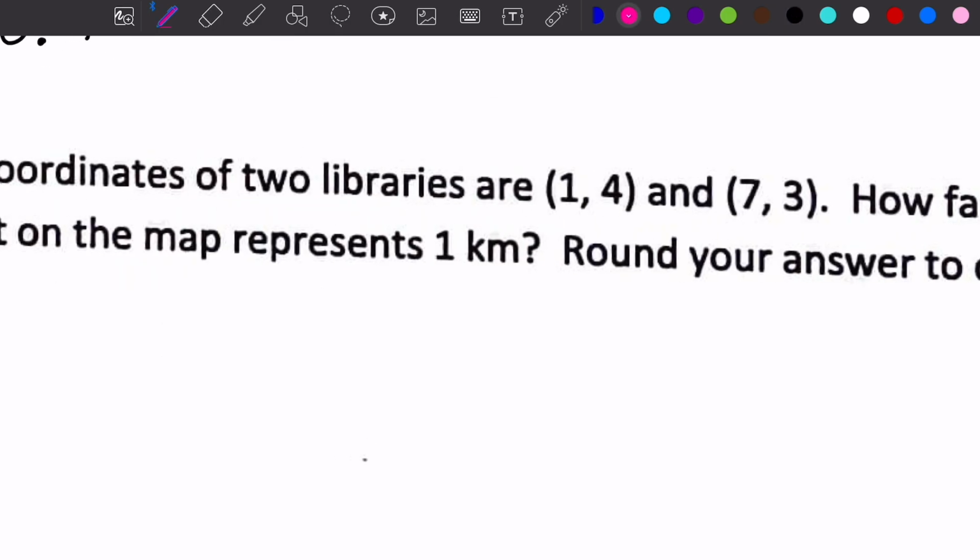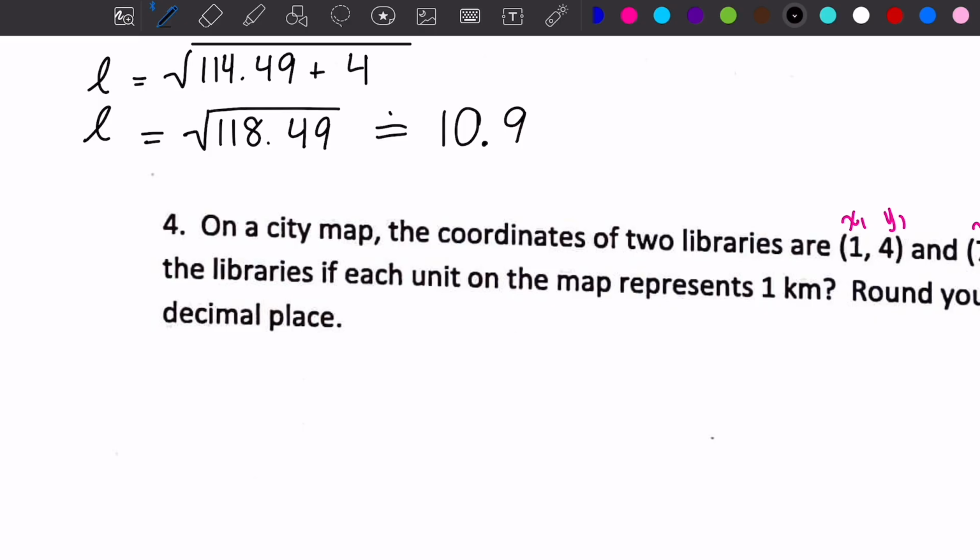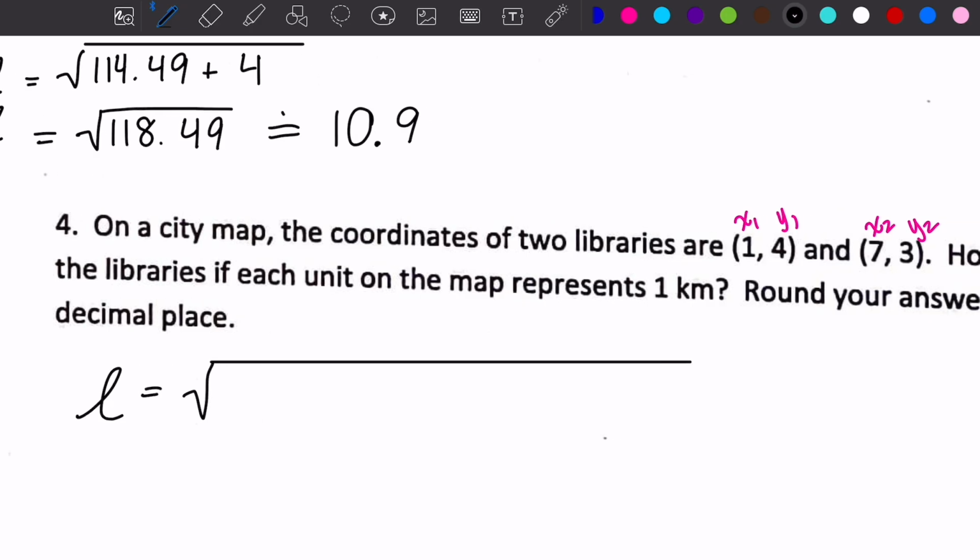If this one is x1 and y1, and this one's x2 and y2, you're just using the length formula, right? So I can say length, or if you wanted to use d for distance, whichever one, you're just going to plug this in. If I do 3 minus 1, I keep doing the y's first, my x's, so 7 minus 1 squared, and then 3 minus 4 squared, which are nice, pretty numbers.